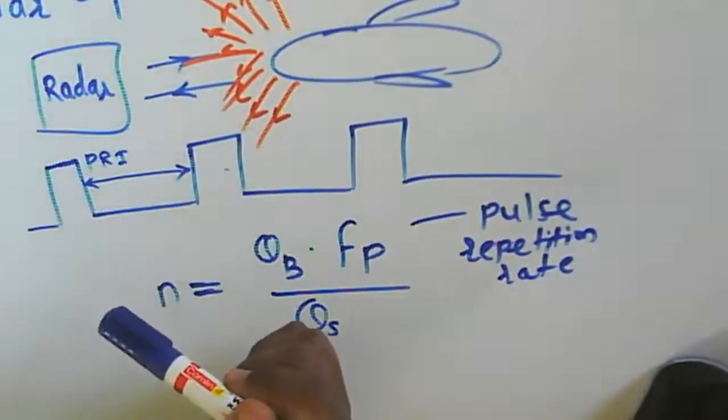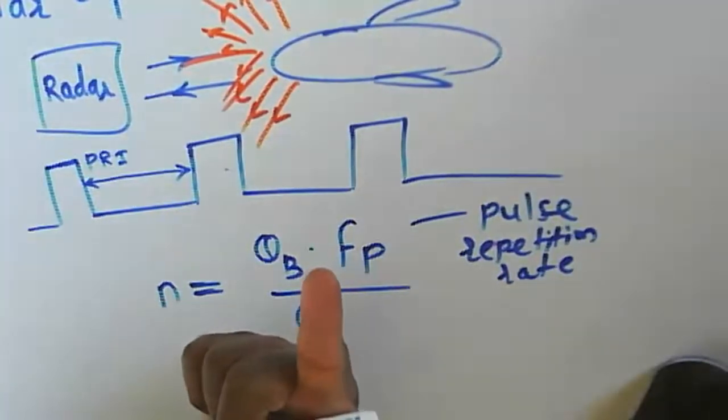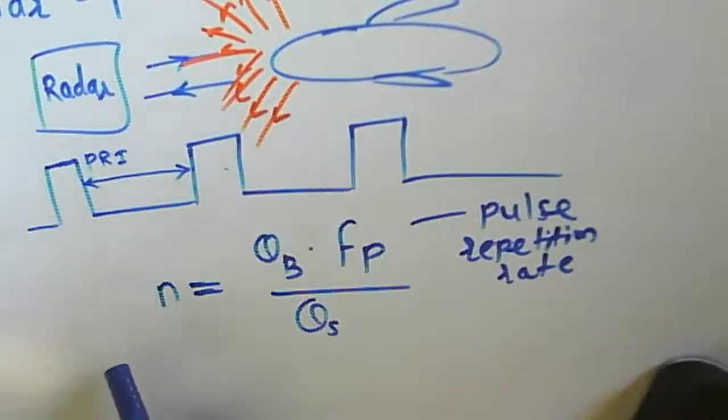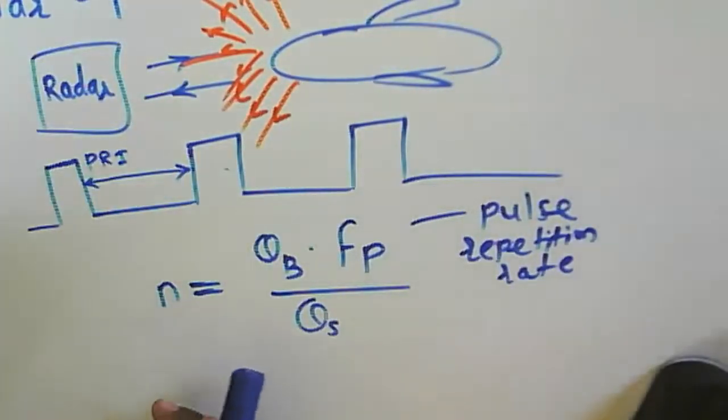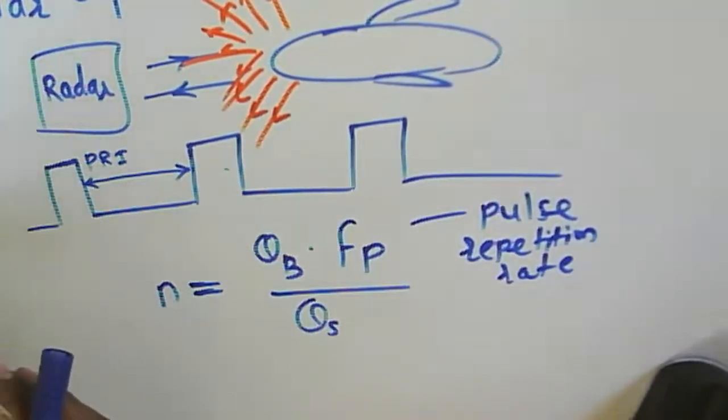Means suppose we are receiving a single pulse, then what will be the signal to noise ratio for the single pulse, and the signal to noise ratio for n number of pulses. So in that case, the integration efficiency depends upon how many pulses are integrated with respect to the signal to noise ratio.